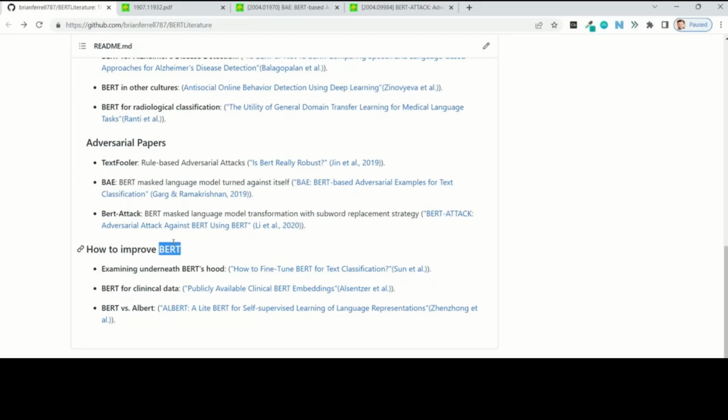Sometimes BERT can be too broad. It's a great general language model, but maybe you need a more specific language model, something more specific towards your domain.